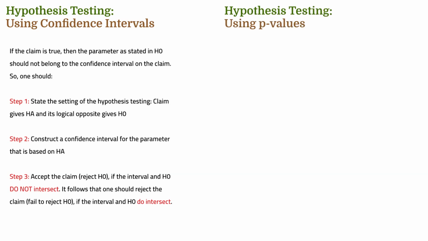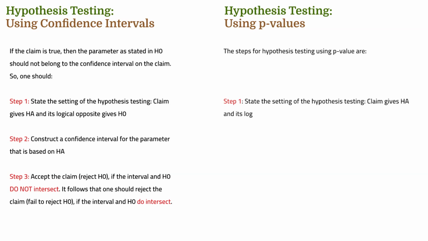Hypothesis testing using p-values. The steps for hypothesis testing using p-values are: step 1, state the setting of the hypothesis testing. Claim gives HA and its logical opposite gives H0. Step 2, calculate p-value.